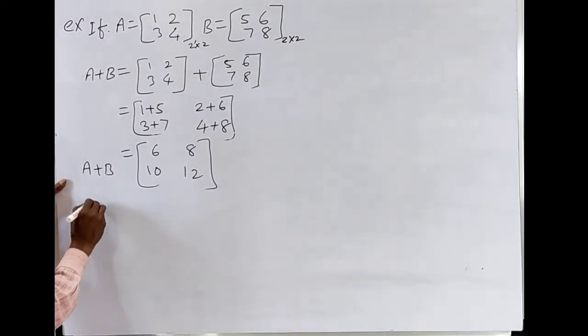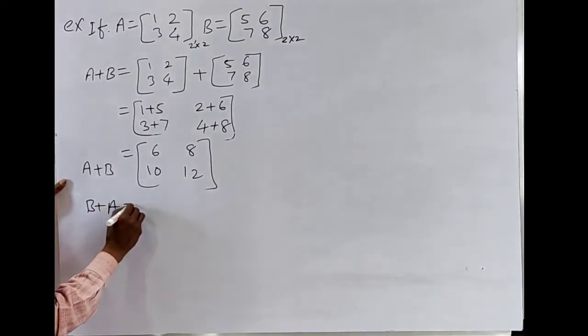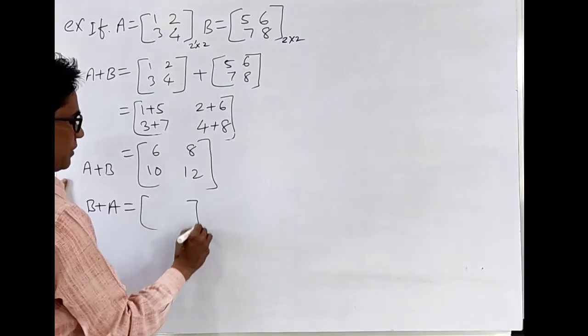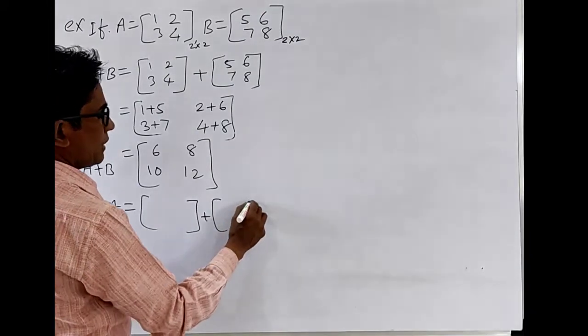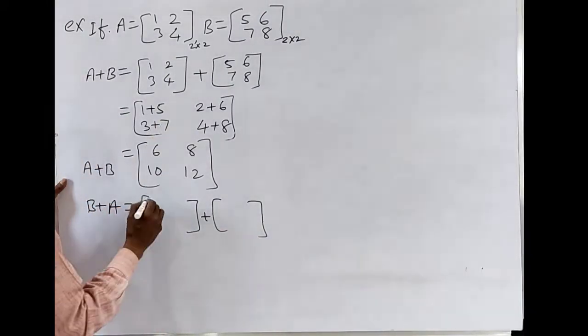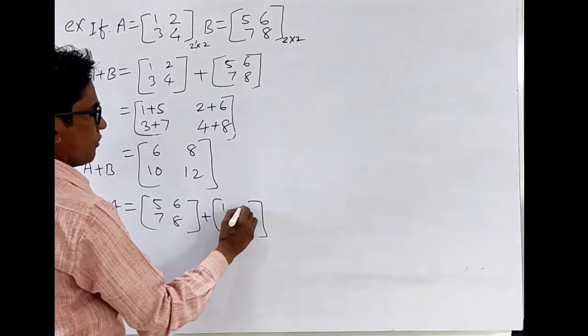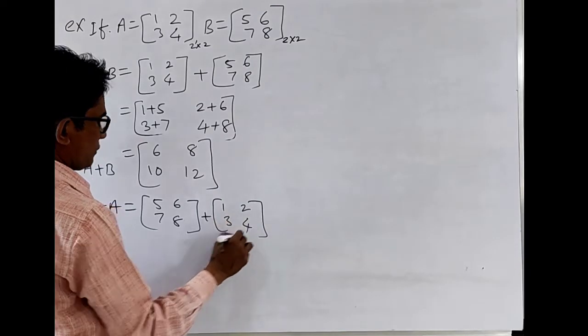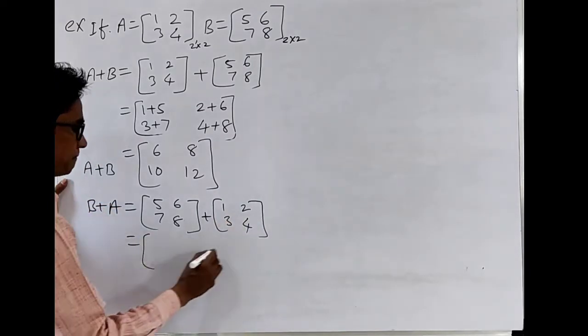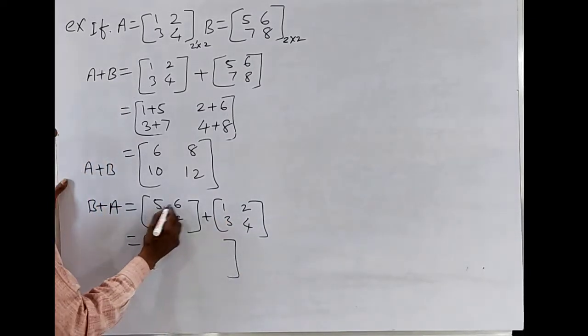Now B plus A. So B plus A means B matrix plus A matrix. So what is B matrix? [5, 6; 7, 8]. A matrix is [1, 2; 3, 4]. So let us add first element with first element.